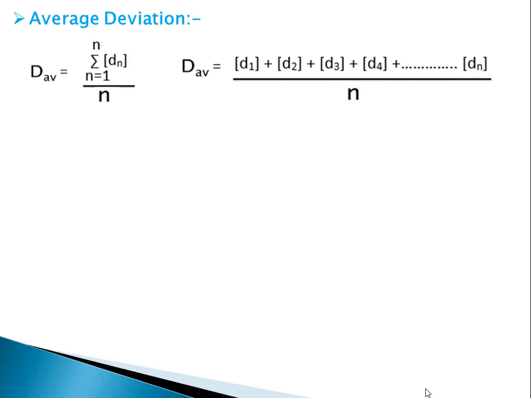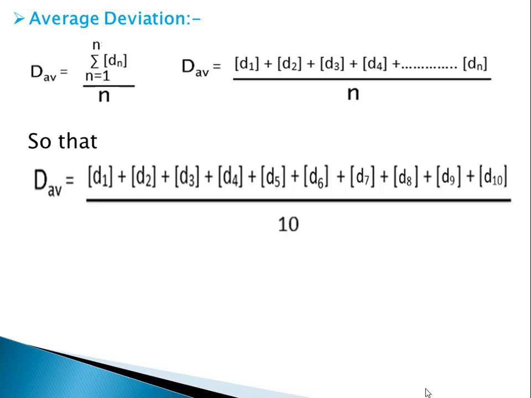This equation can be written as DAV is equal to d1 plus d2 plus d3 plus d4 plus up to dn whole divided by n. We know that total number of readings taken n is equal to 10, so that the equation becomes DAV is equal to D1 plus D2 plus D3 plus D4 plus D5 plus D6 plus D7 plus D8 plus D9 plus D10 whole divided by 10.